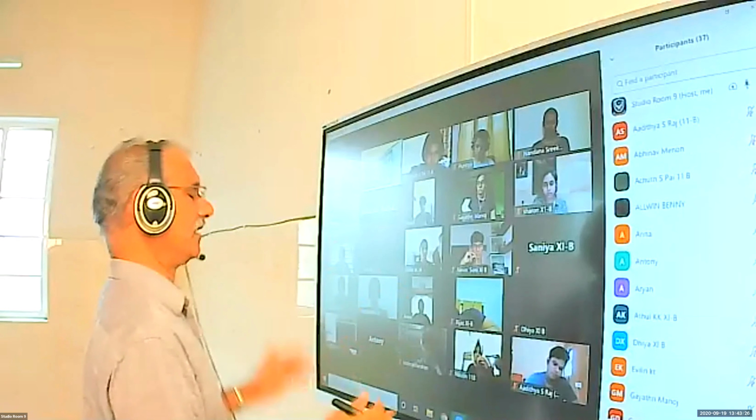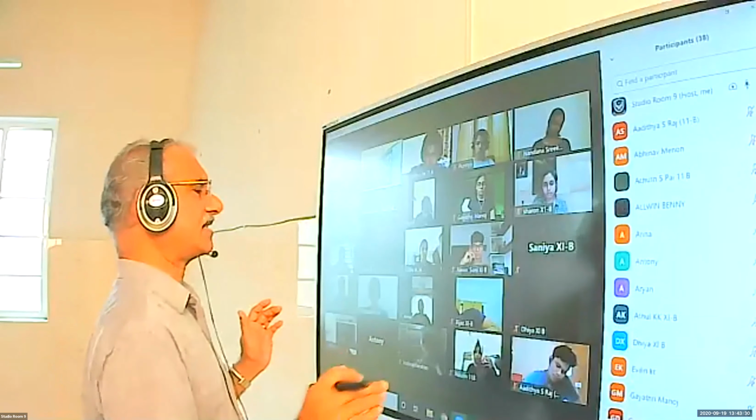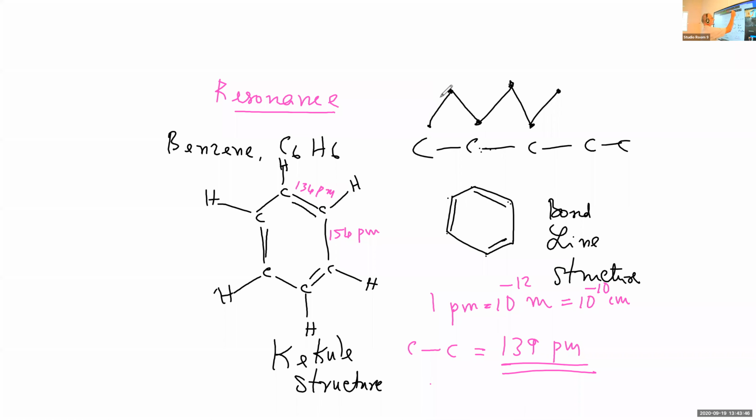And this phenomenon is called a resonance. The various structures are called resonance structures or contributing structures or canonical structures.